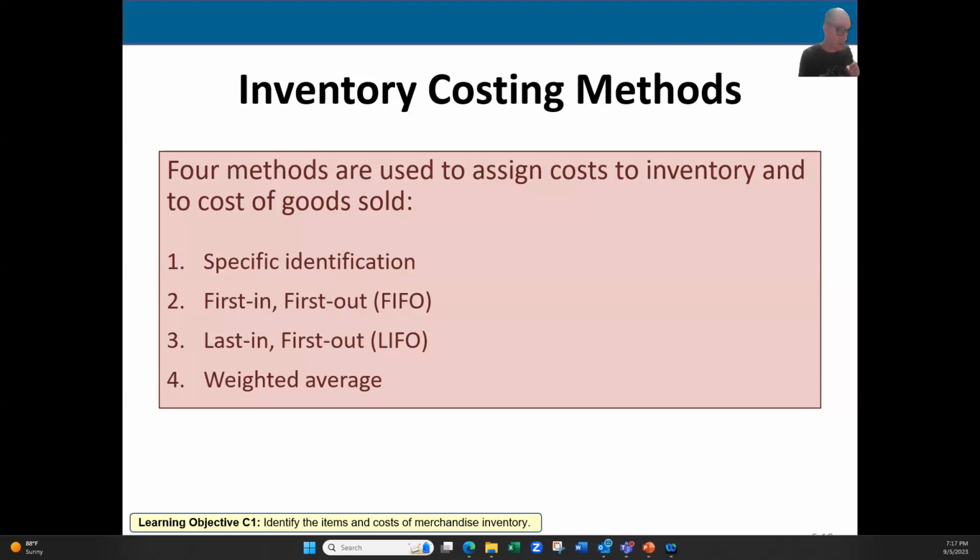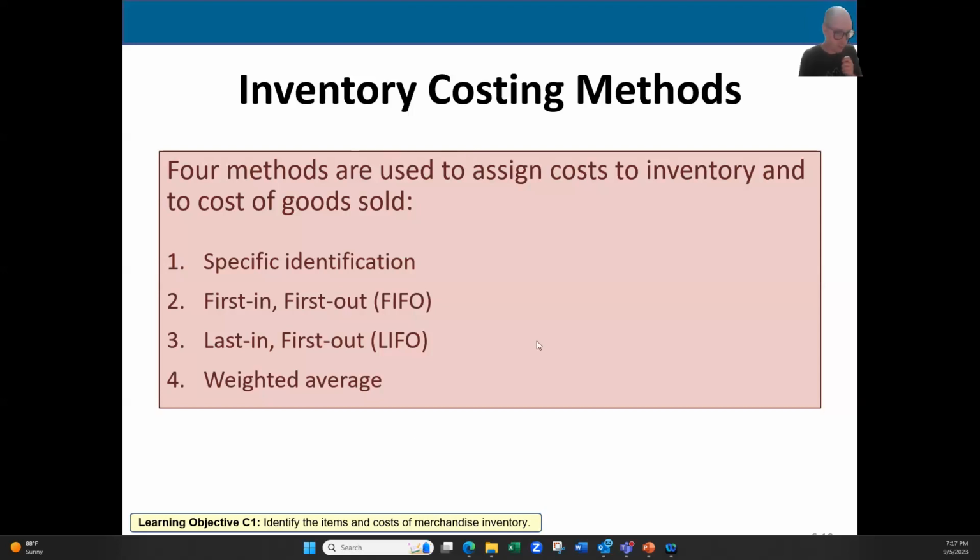The last method that's commonly used is called weighted average. It's where we add up all the purchases that we've made, divide that by the number of purchases, in order to get the average of our purchases.